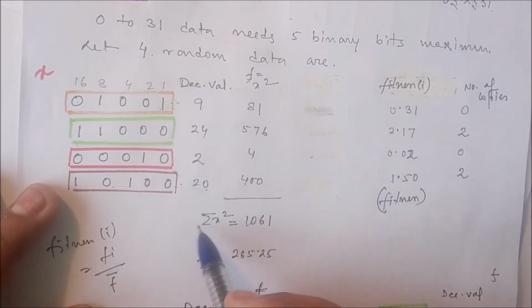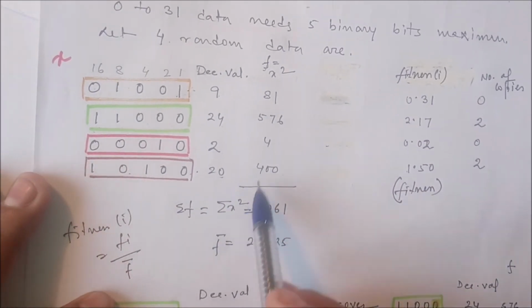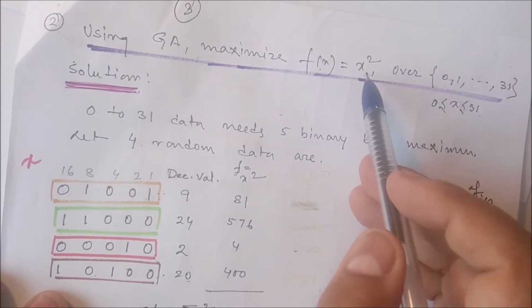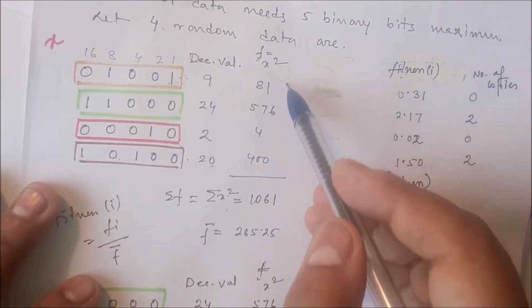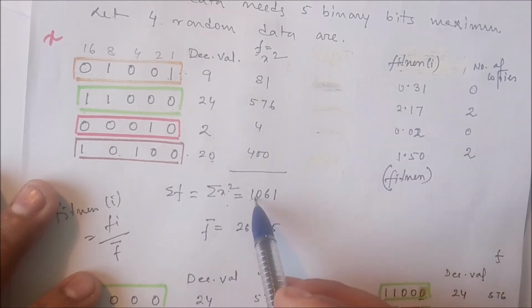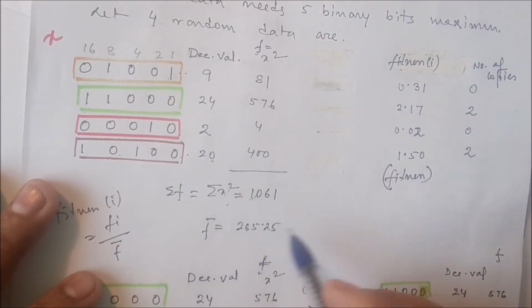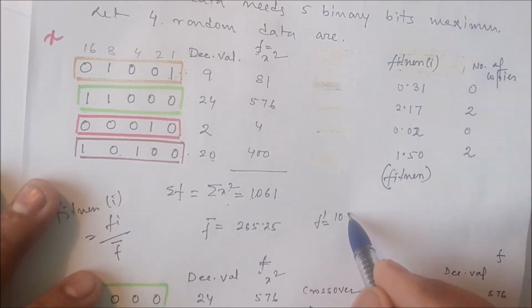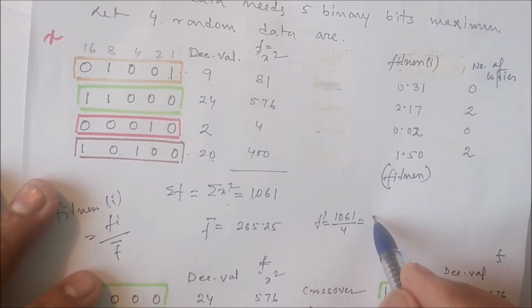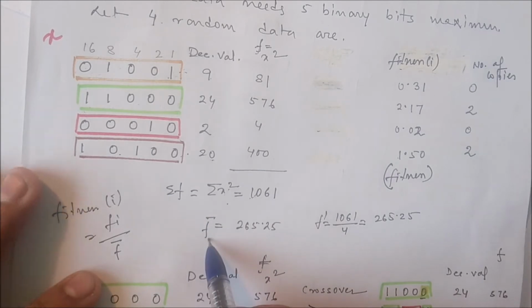First of all we have to identify the summation of f, that is the summation of x square, because our goal is to calculate x square. If you add these, it will be 1061, and f bar will be the average of this, so 1061 divided by 4, that will be 265.25. So this is our f bar.